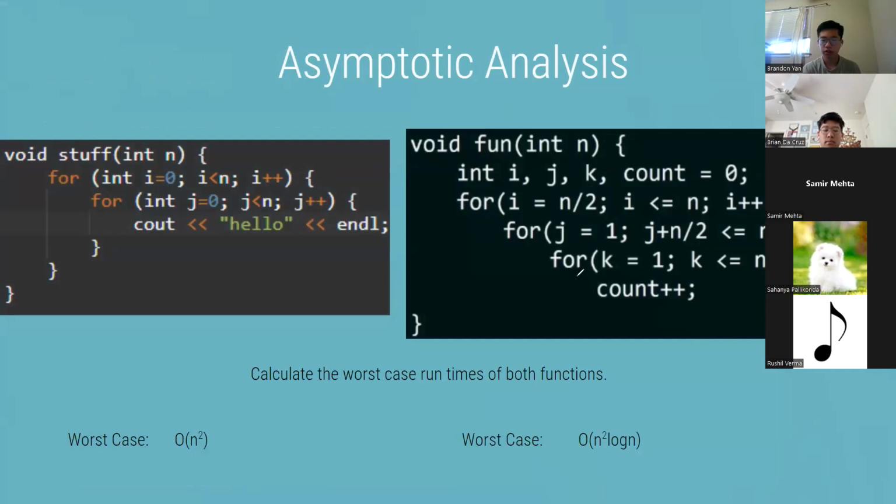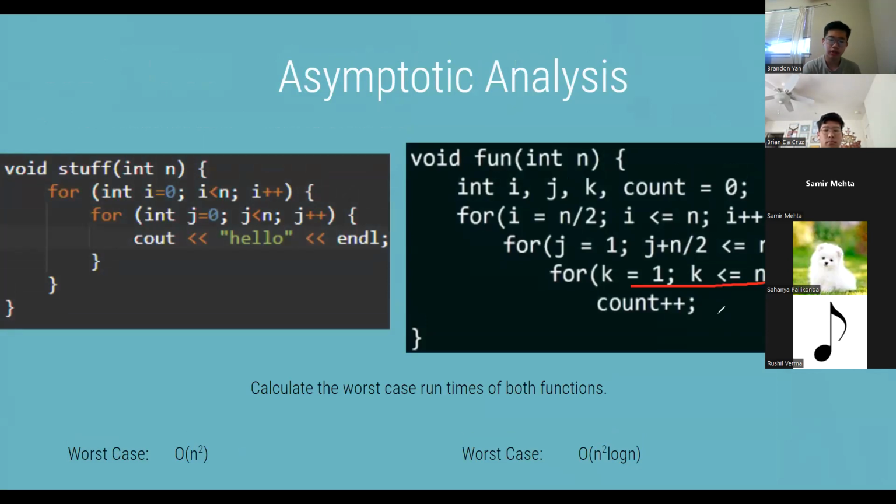But first, let me take a look at the inner loop, which is 1 through n. I know the answer is there, but let's go through the thought process. So 1, 4, 2. This is basically what k is. It's increasing like this, and once it gets to n, that'll be the final one before it stops.